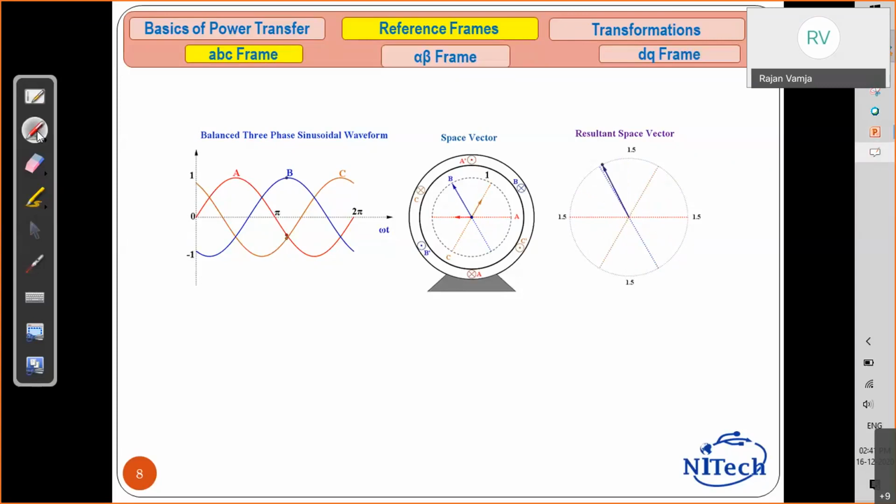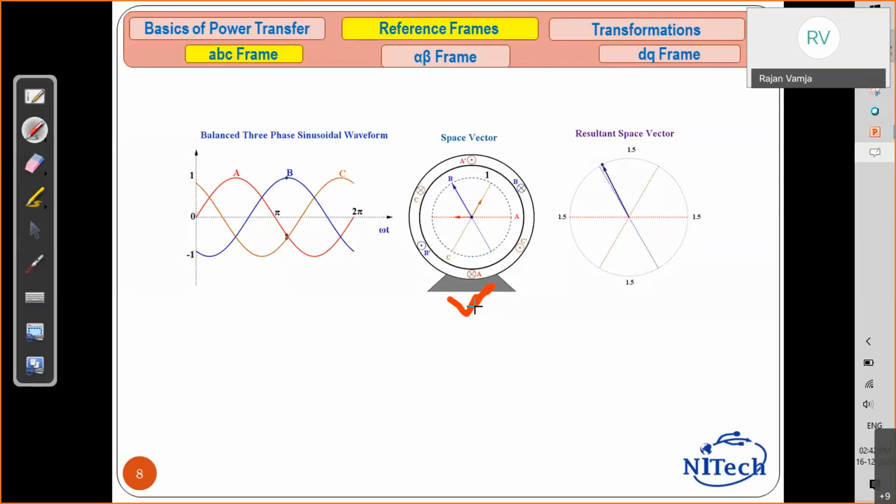Now focus on this figure. Can you say what this figure is? First, only the middle figure. It looks like SVM?